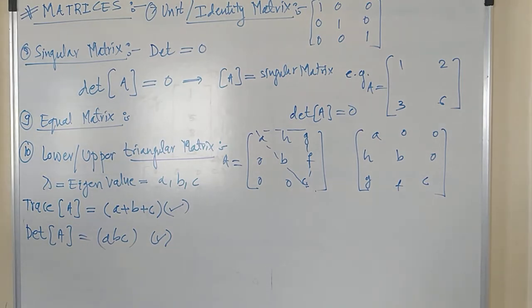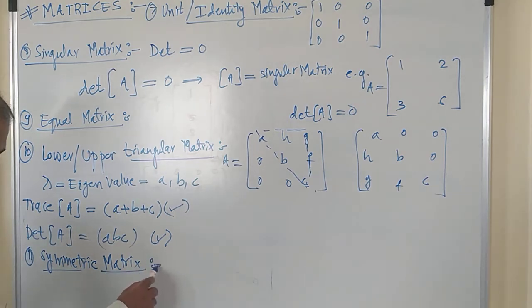So the next kind of matrix is a symmetric matrix. Symmetric matrix, anti-symmetric matrix, Hermitian matrix and anti-Hermitian matrix. These are the various types of matrices. So what is a symmetric matrix?